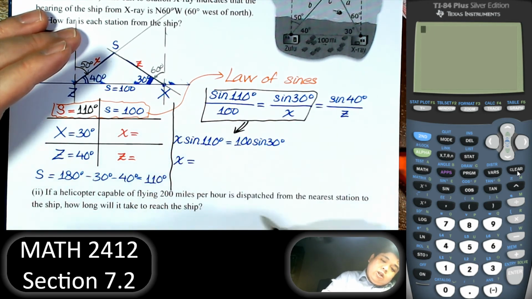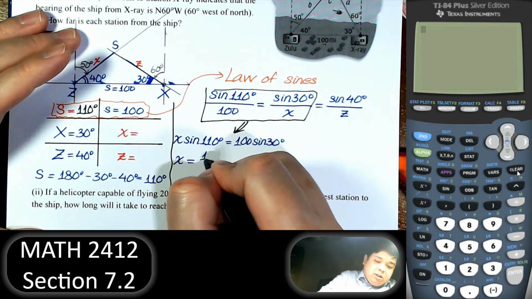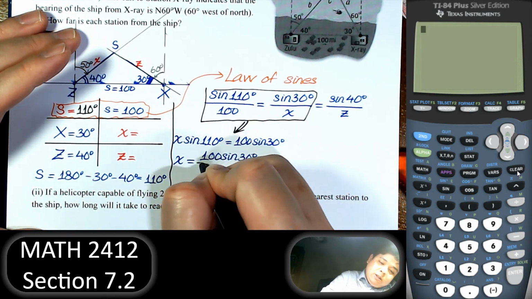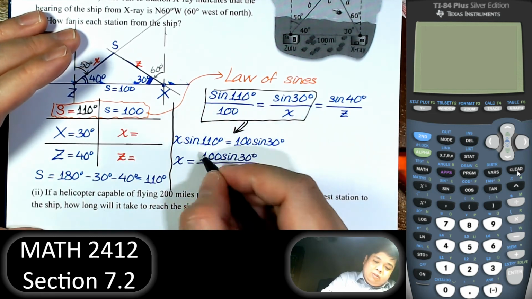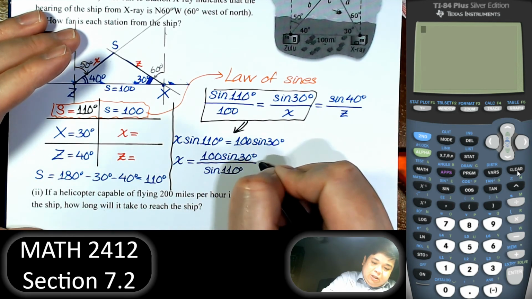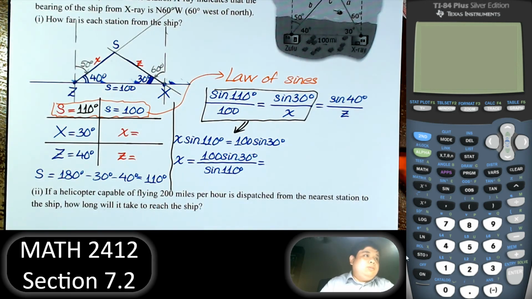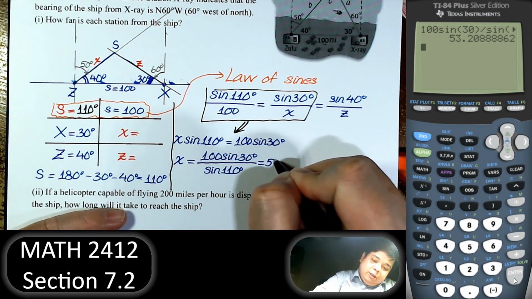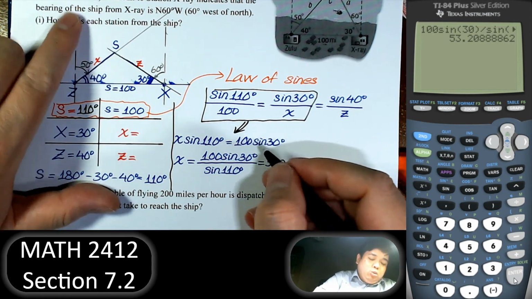So x is equal to 100 times sine of 30 degrees over sine of 110 degrees. And that is 53.2. Of course, the unit should be miles.